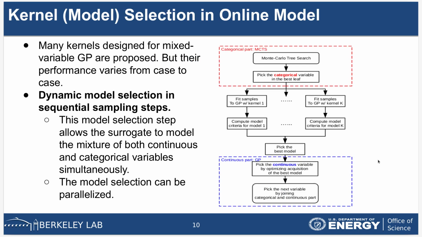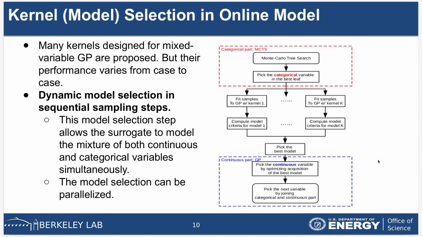As you can imagine, there are a lot of kernels already developed in previous literature to handle the categorical variable. But first, most of them were stationary kernels for the categorical part. We introduced a family of non-stationary kernels to handle potential non-stationary behavior of the categorical part.